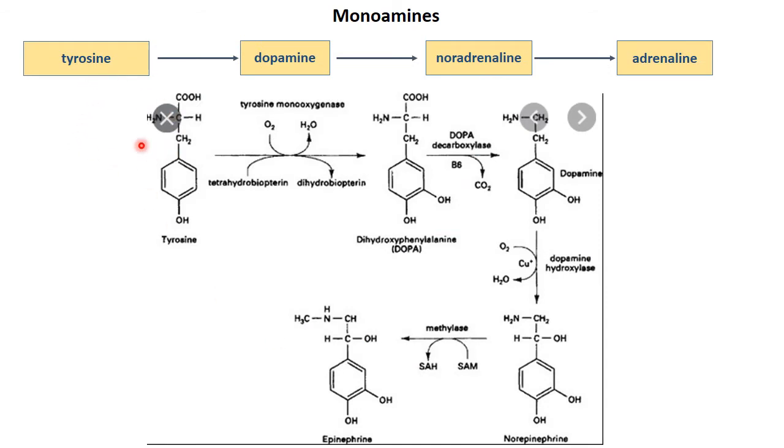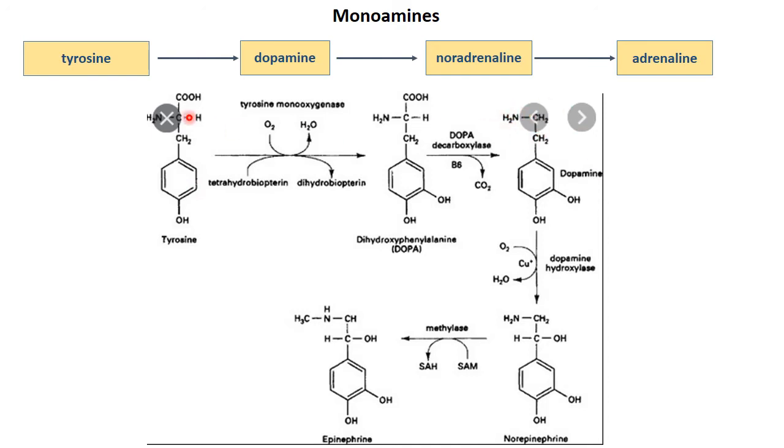Here we can see the catecholamine family, which are derived from tyrosine. We have tyrosine as a precursor amino acid, and this tyrosine will be converted into dopamine. So we'll have slight modifications on the structure of the tyrosine.